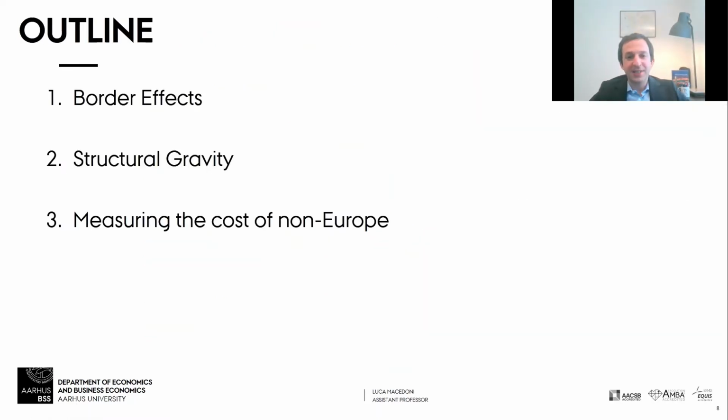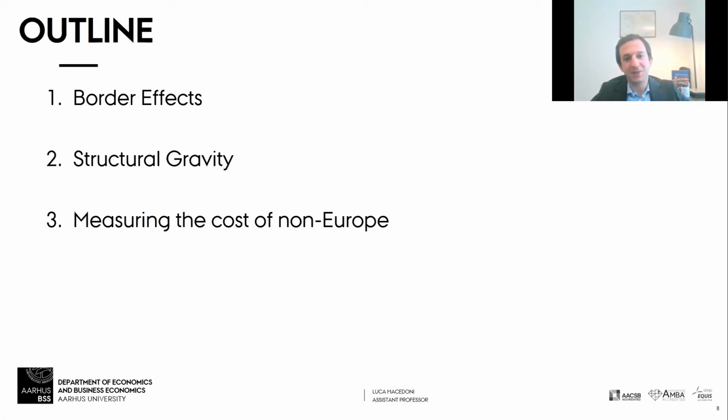We're going to start with the analysis of the border effects, which is a famous topic in the field of the gravity equation. And we're going to see that there is a sort of a fallacy in the interpretation of the gravity equation if one uses a naive gravity equation. To circumvent that problem, we need a model.